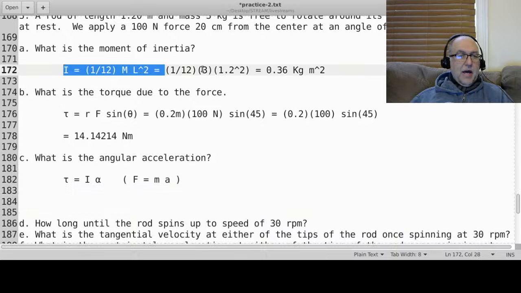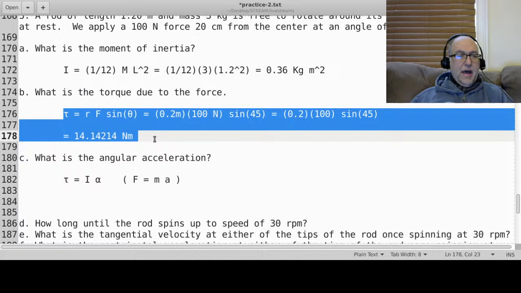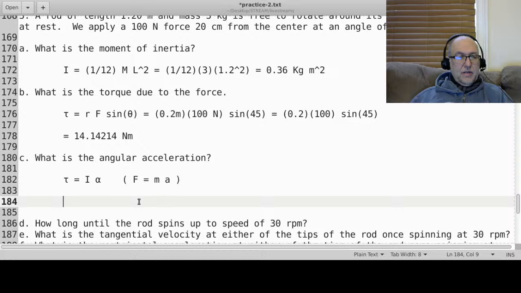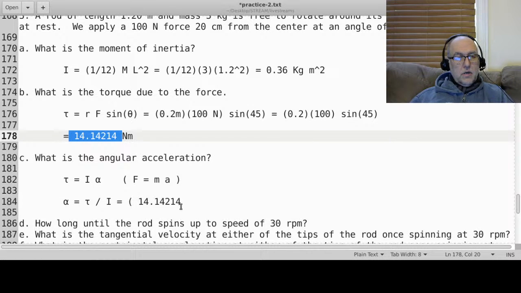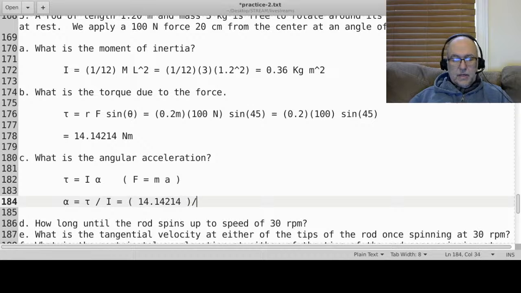And of course now we have I, and we have tau, and so we can find alpha as alpha is equal to tau divided by I, which is equal to this number divided by this number.